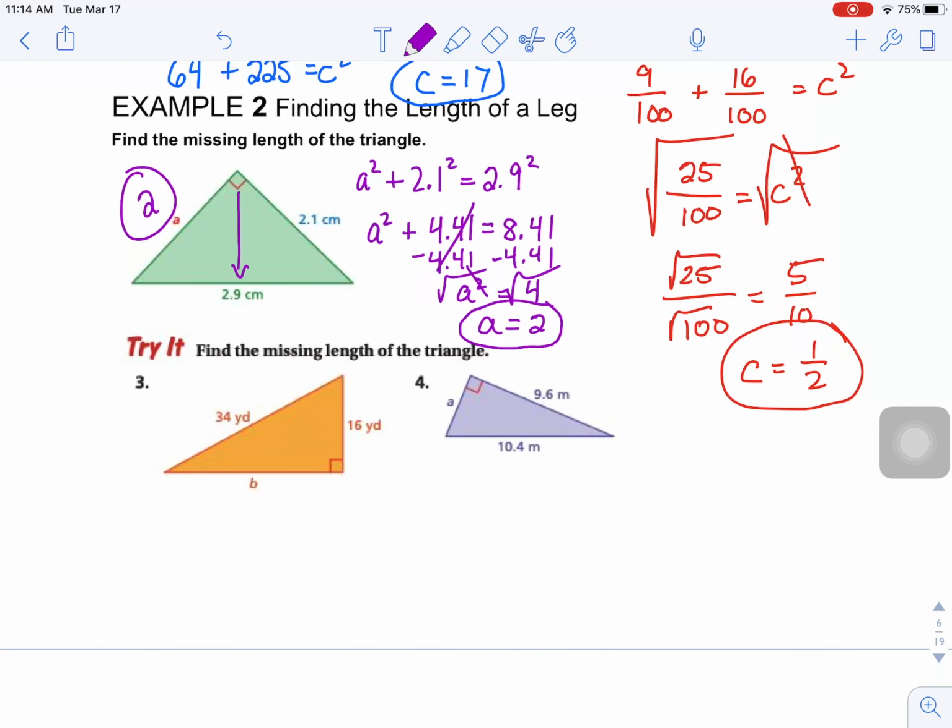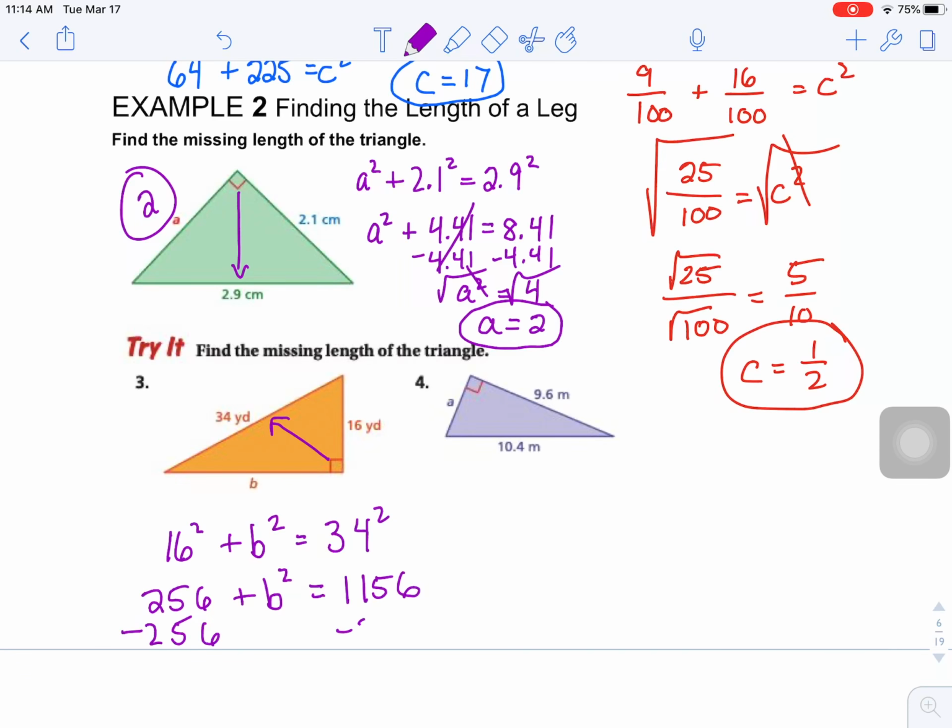So here, again, they gave me the hypotenuse, which is 34. So 16 squared plus b squared equals 34 squared. Evaluate: 256 plus b squared equals 1,156. Subtract 256 from both sides.